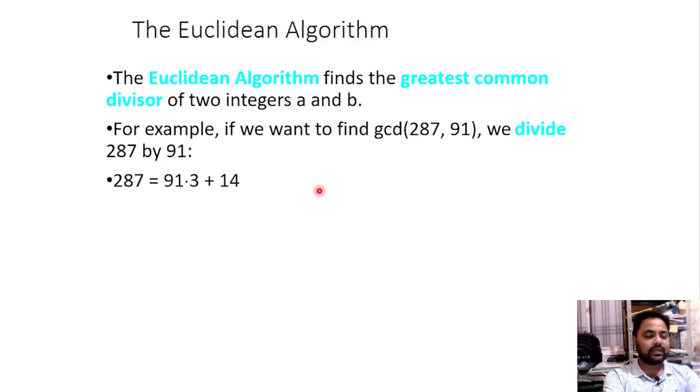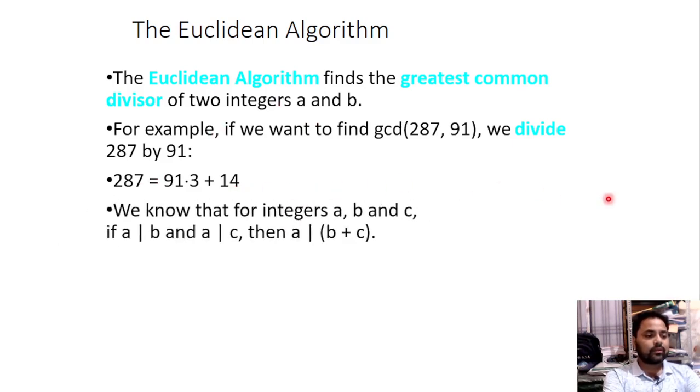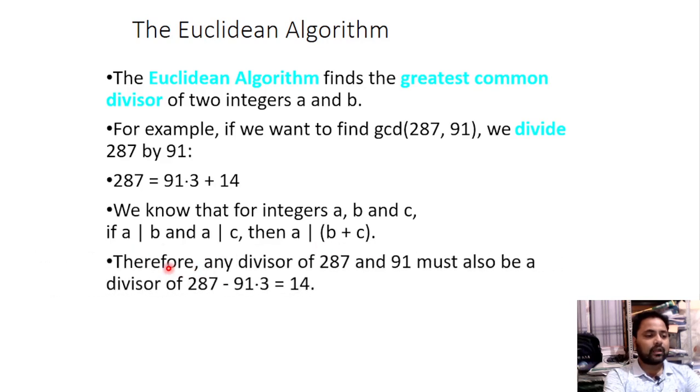Now we know that for integers a, b and c, if a divides b and a divides c, then a divides b plus c. We have already proved this. Also, any divisor of 287 and 91 must also be a divisor of 287 minus 91 into 3, which is equal to 14.